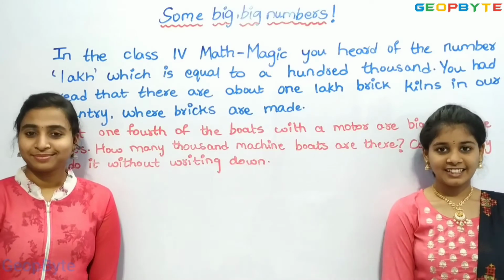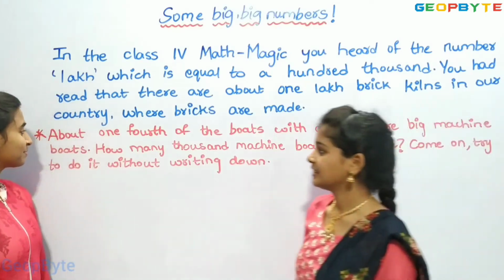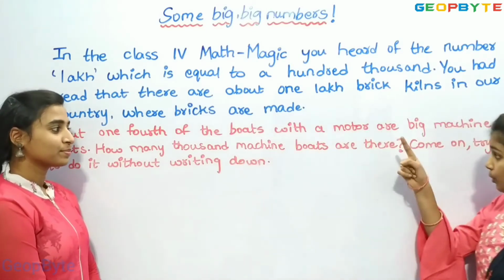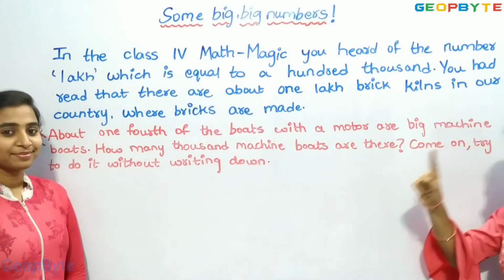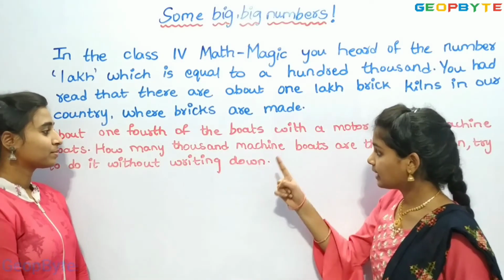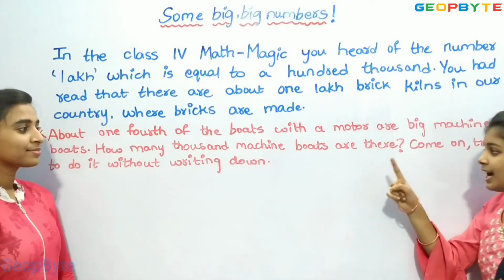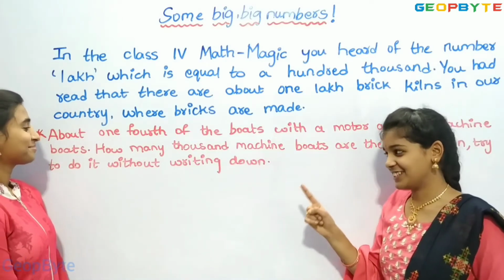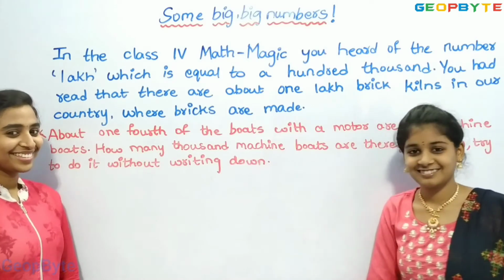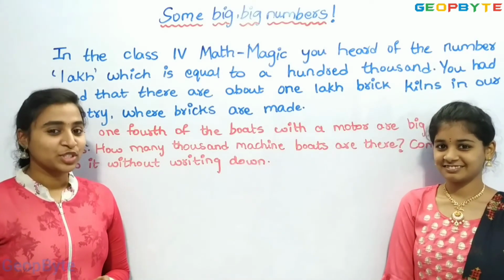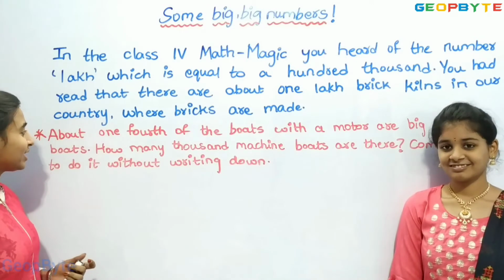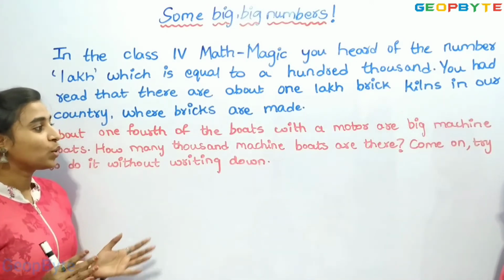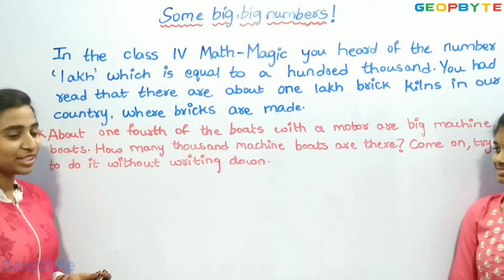Children, the next question is about 1/4 of the boats with a motor are big machine boats. How many thousand machine boats are there? Come on, try to do it without writing down. Let us do it. Children, it is given that about 1/4 of the boats with a motor are big machine boats.